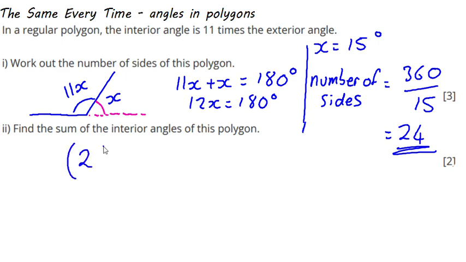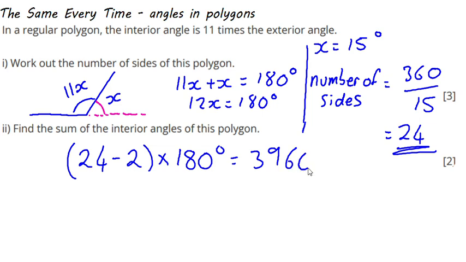So the same formula, number of sides minus 2 times 180 degrees. They're not asking for the size of one interior angle, so I'm not going to divide by 24. And this gives me 3,960 degrees. There we are.